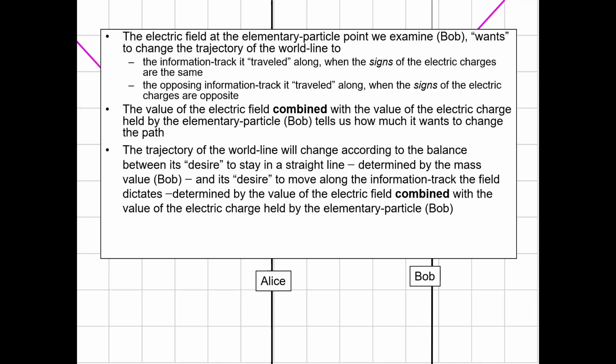And that is determined by the value of the electric field combined with the value of the electric charge held by the elementary particle it is affecting, which in our case is Bob. And this is Newton's second law.